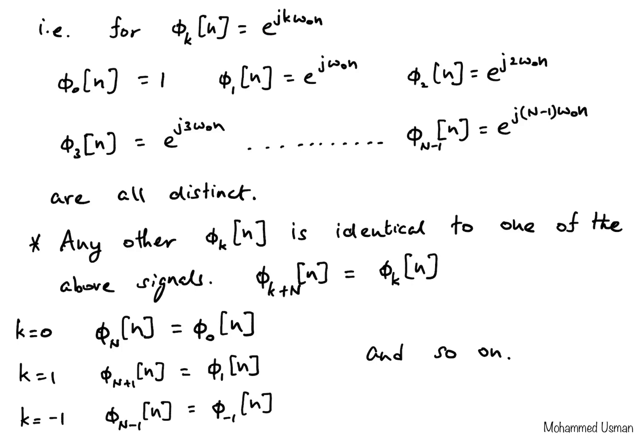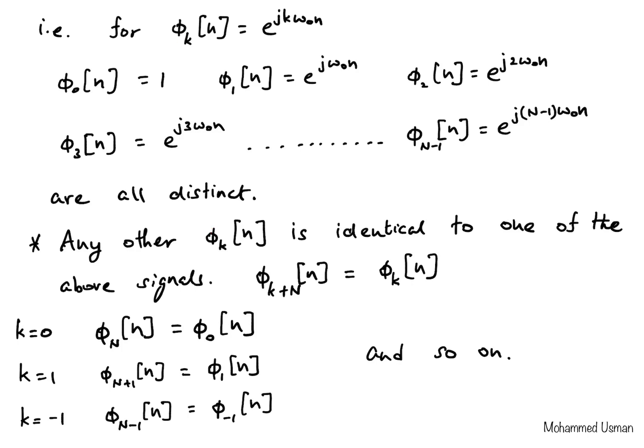For k equal to 1, it is e power j omega naught n, then e power j 2 omega naught n, and so on, up to n minus 1. So 0 to n minus 1 is a set of n signals, and all of these are distinct from each other. Phi 0 is different from phi 1, which is different from phi 2.